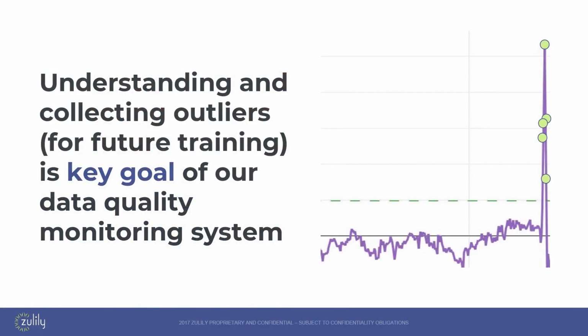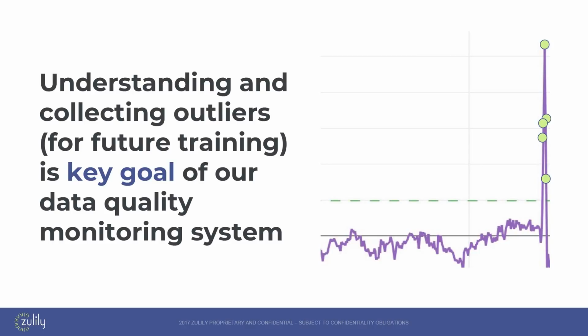Absolutely. So it is imperative to detect outliers in the first place. At Zulily, we've built a platform that can monitor the data, detect if something has deviated significantly from the norm, and then flag it. But detection of outliers is just one aspect of the problem. I think the other is understanding what those outliers actually mean, because there's a lot of things around it.